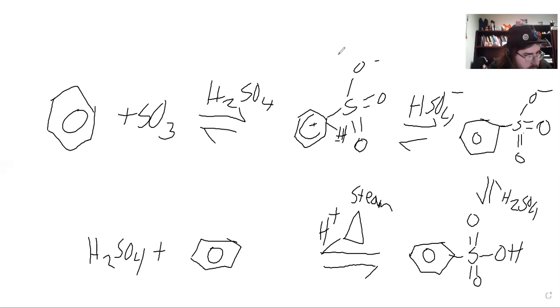Now, there are some important effects we need to worry about because there are such things as activating and deactivating effects. When we substitute these guys, they can often keep reacting.